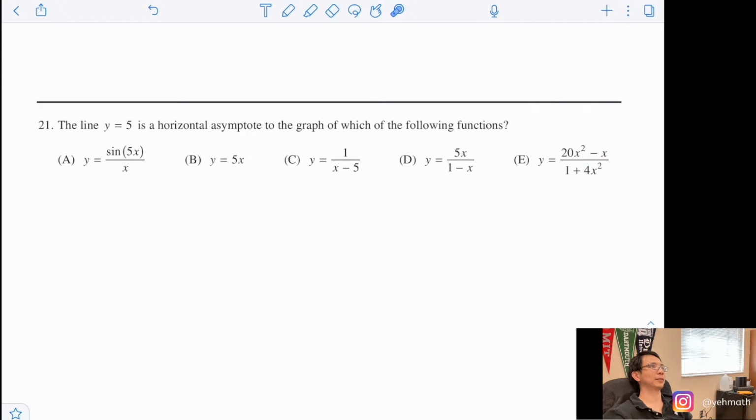Media Center. That's Calc BC. She was looking at Calc BC stuff like, what the hell is this? You had to be at 7:45, so 8.